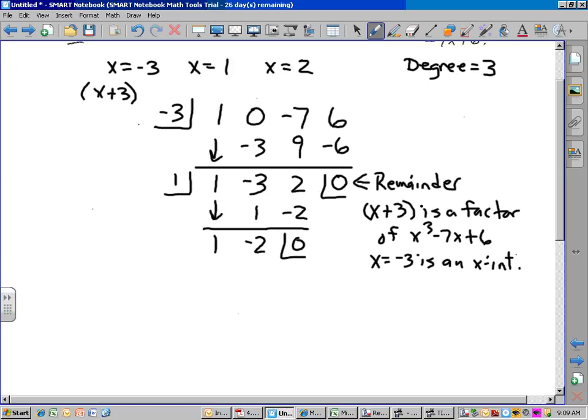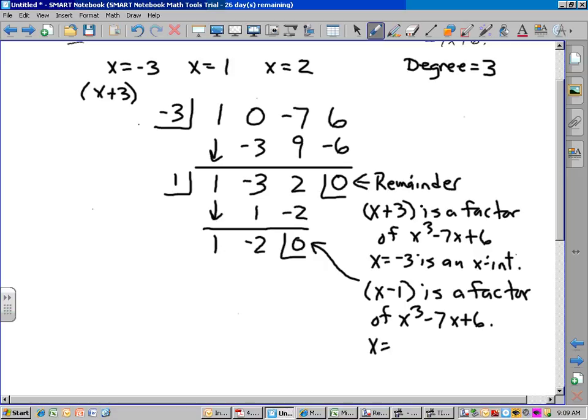And I'm done. Since the remainder is 0, that tells me that x minus 1 is a factor of x cubed minus 7x plus 6. And it also tells me what I already knew, that x equals 1 is an x-intercept.